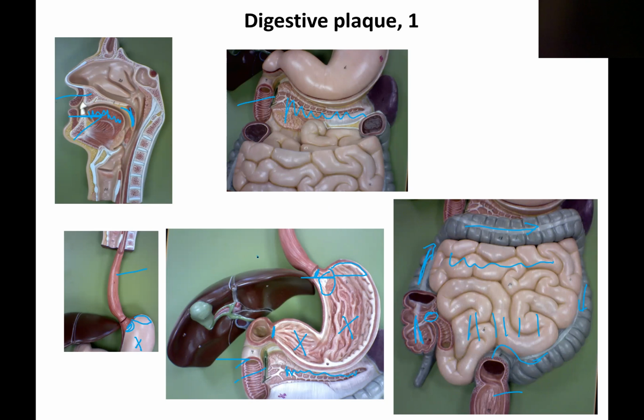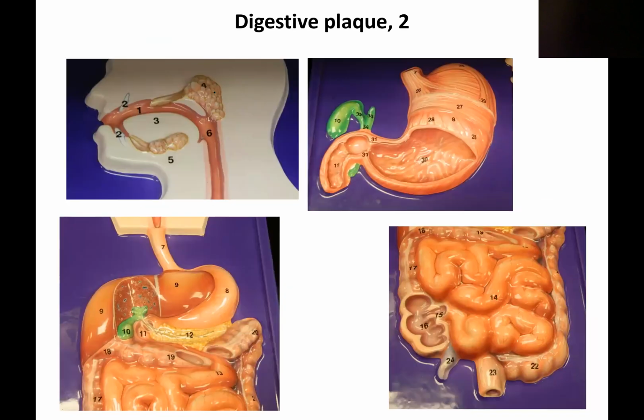You can see the left lobe of the liver, the right lobe of the liver, the gallbladder, the cystic duct, the quadrate lobe of the liver, okay, parotid gland, submandibular gland, esophagus, left lobe of the liver, right lobe of the liver, gallbladder.